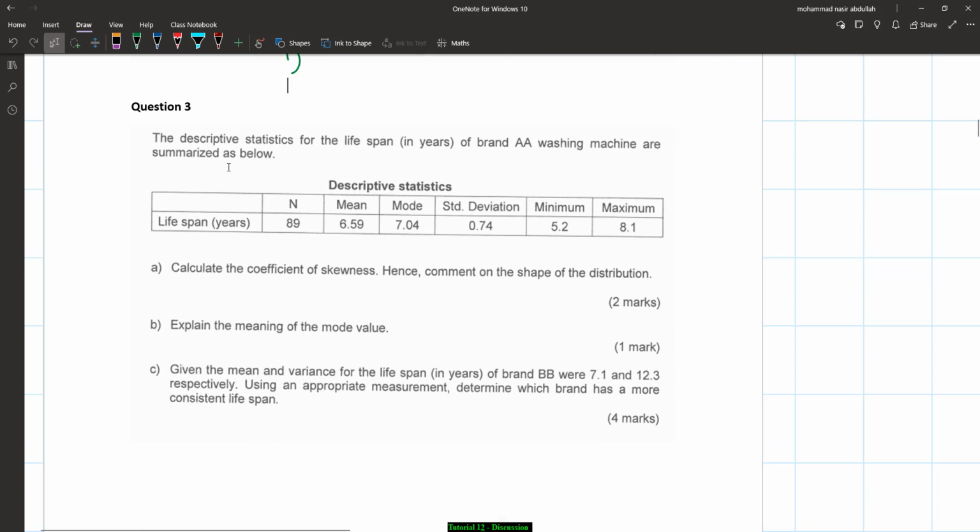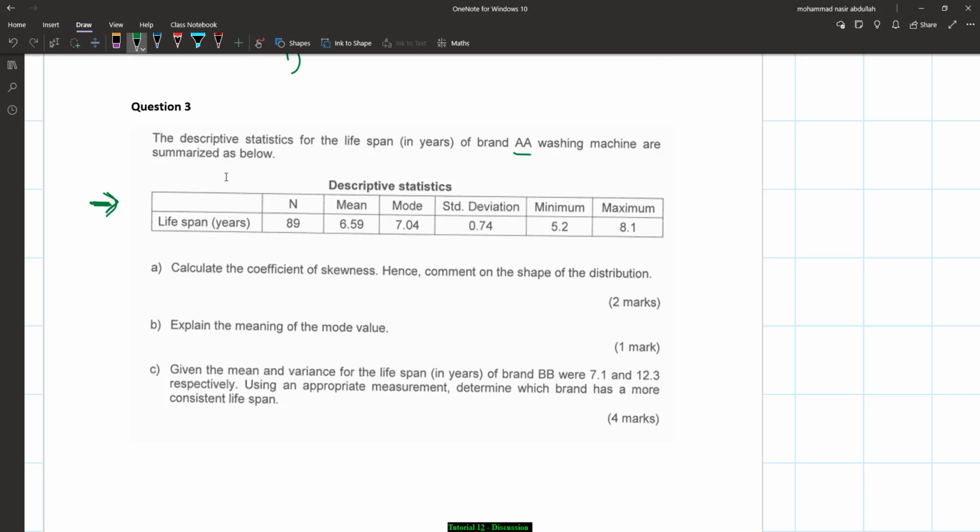So now let's look at question number 3. This one should be very simple. The descriptive statistics for lifespan in years of brand AA washing machine are summarized below. This is an example of an SPSS result.